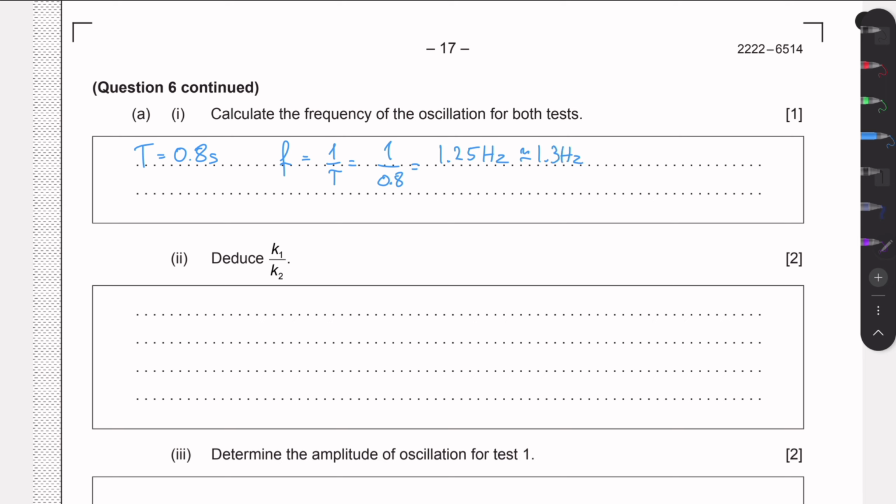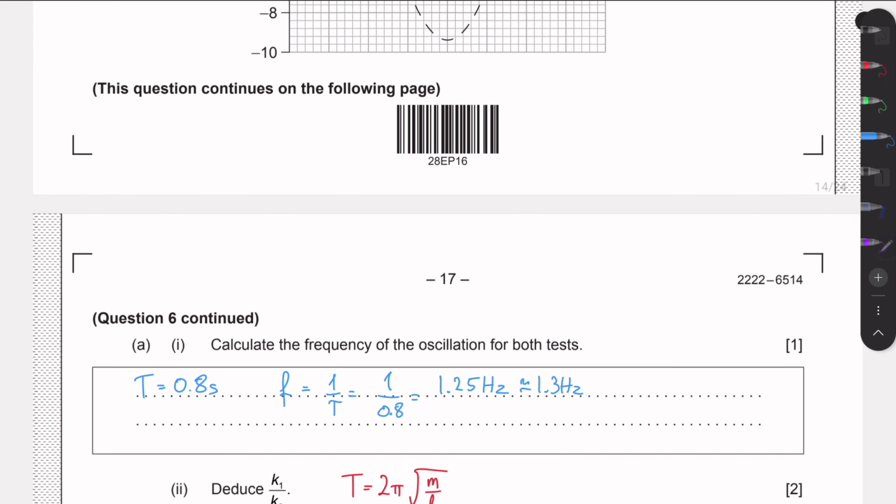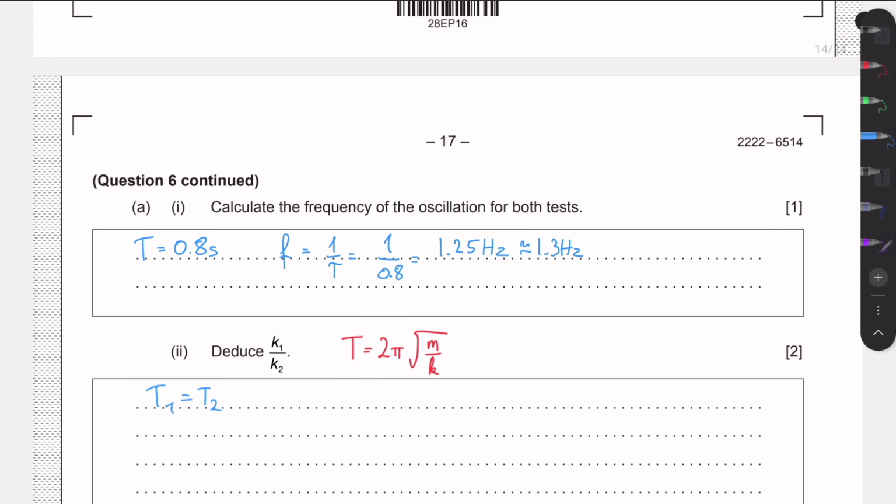And then we need to deduce the ratio of K1 over K2. For this, we can use the formula for the period of a mass oscillating on a spring, which, if we look in our data booklet, is this formula. And we also know that T1 will be equal to T2, as for the two tests the period is the same, 0.8.